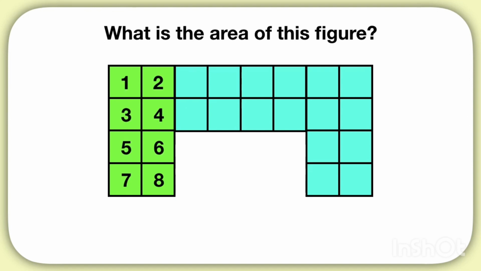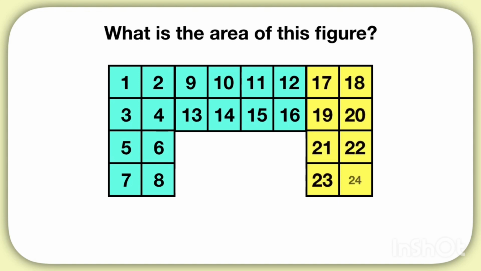Then we could look at another section, like this one. How many unit squares are in the red section? You can see there are 8 more for a total of 16. Then we could count up this yellow section. How many squares in the yellow section? There are 8 more. So when we put all of that together, the area of this figure is 24 square units.